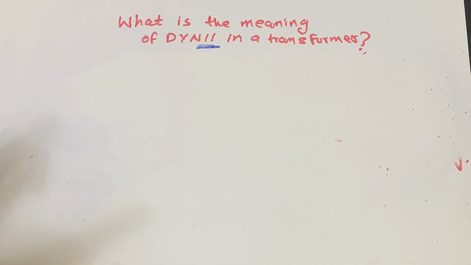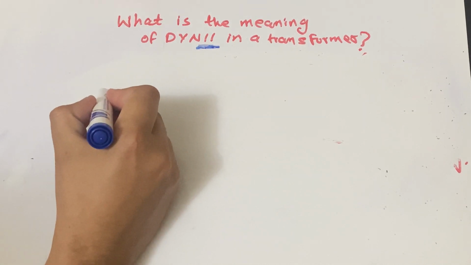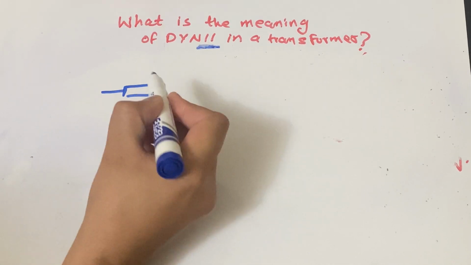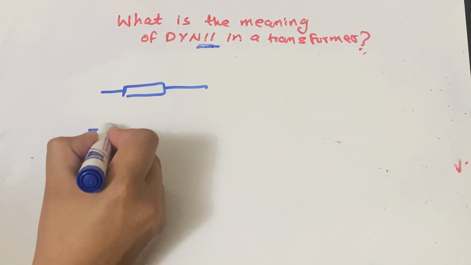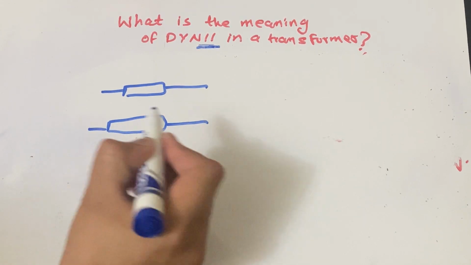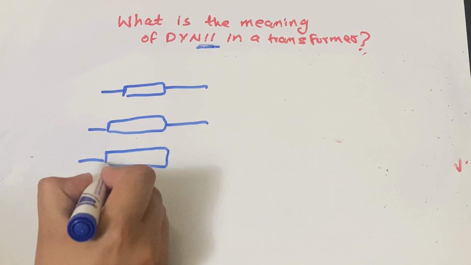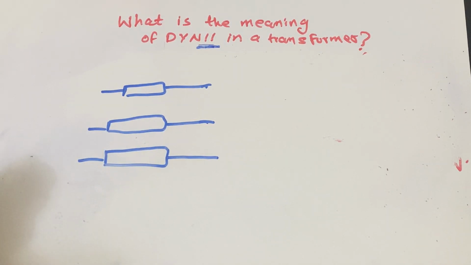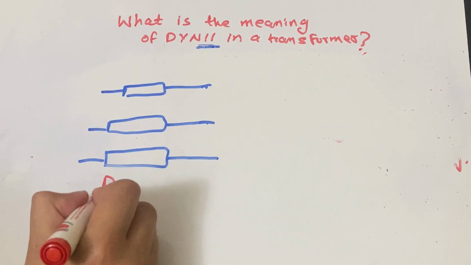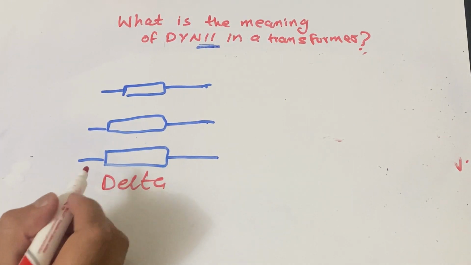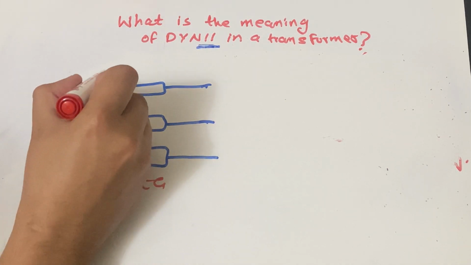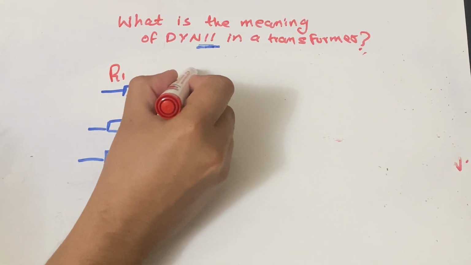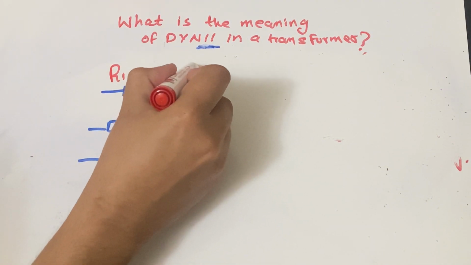So now I will draw a diagram. I am connecting wires. You should know how to connect. This is a delta diagram. So this is red incoming and red outgoing.